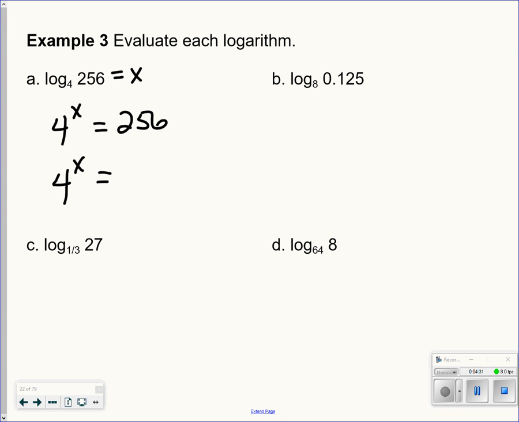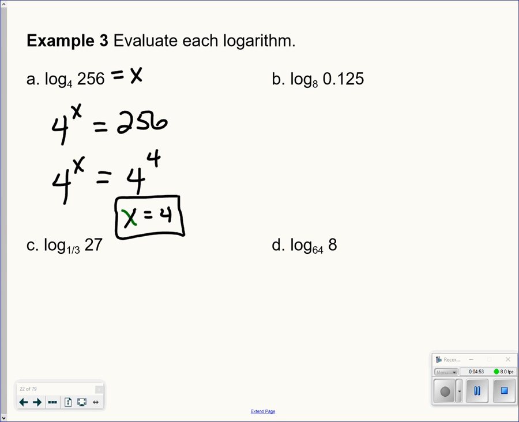What would 4 times 4 times 4 times 4 be? So 4 to the fourth is 256. This can get a little complicated, but x equals 4. If the bases are equal to each other, then the exponents must also be equal to each other.